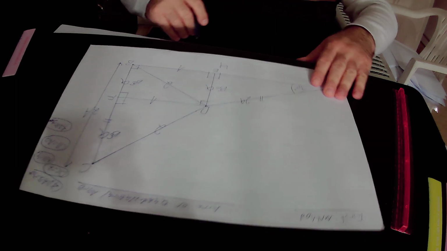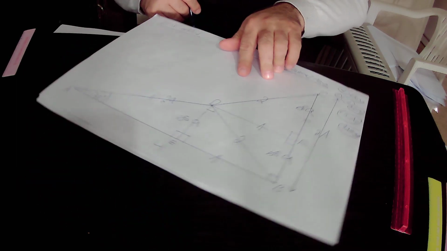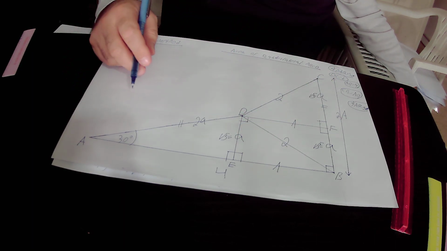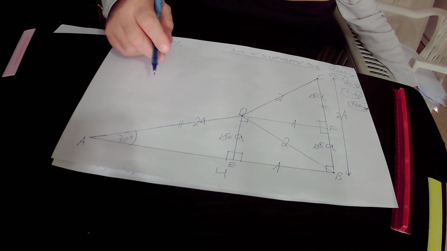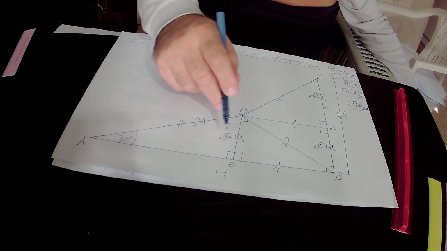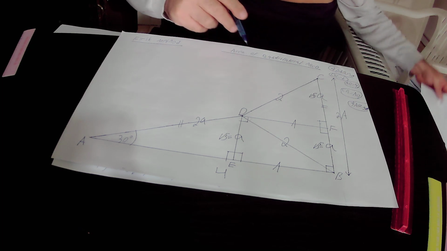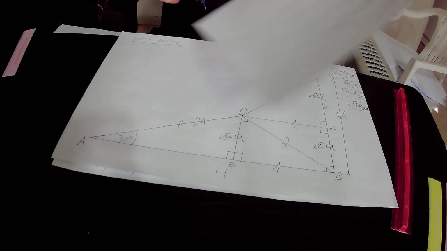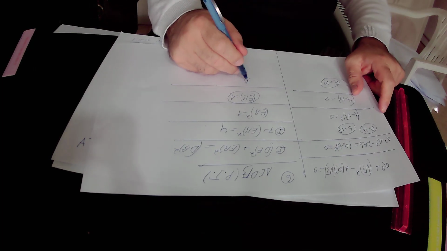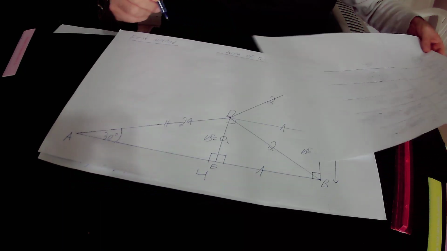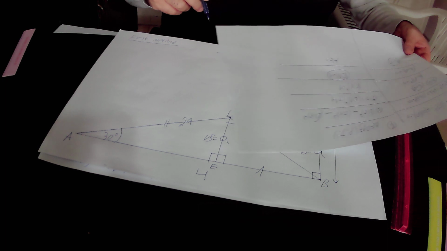What is the value of line segment AE? From the drawing, you can easily see that AE equals AB minus EB.